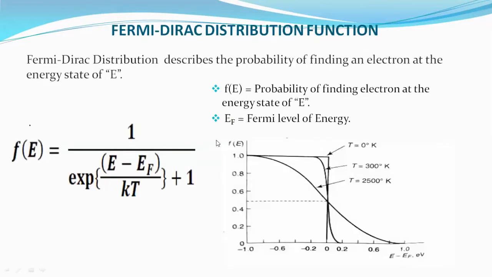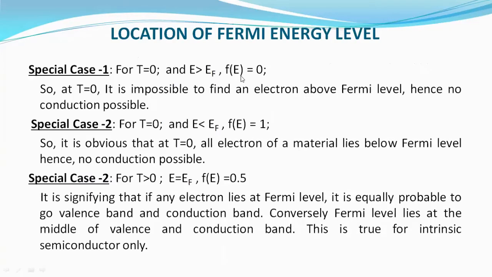When E is greater than EF, this numerator here is positive, and T equal to 0 means some positive quantity upon 0, which means exponential infinity. So exponential infinity is infinity, and 1 plus infinity is also infinity, and 1 upon infinity is 0. So f of E is equal to 0.